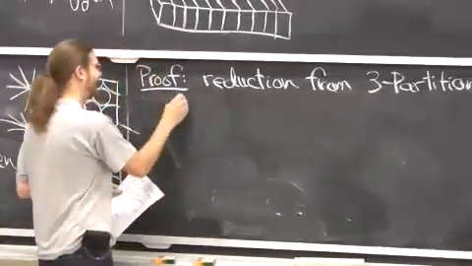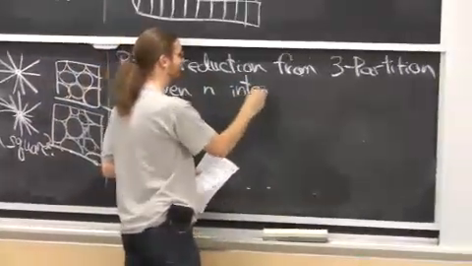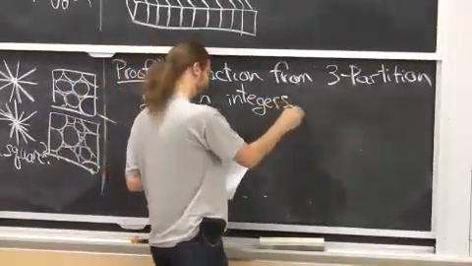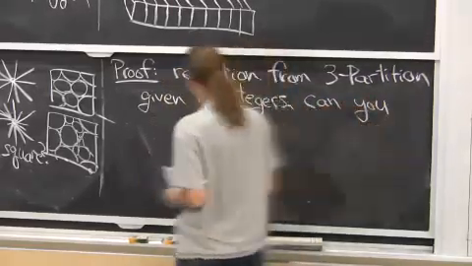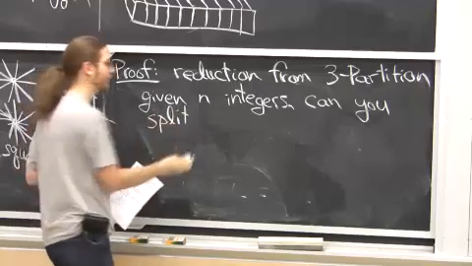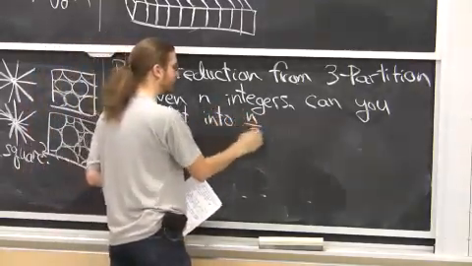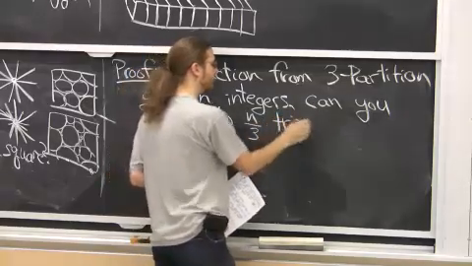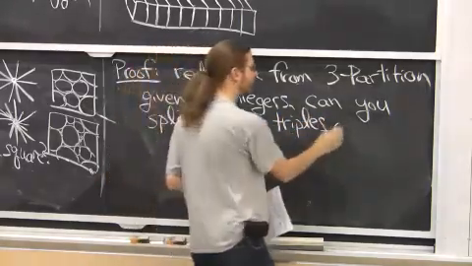So it's not so obvious. Maybe it should be called N over 3 partition. So instead of the number of parts being 3, the size of each part is 3. So n should be divisible by 3. So I'm going to partition into n over 3 triples of numbers of equal sum.